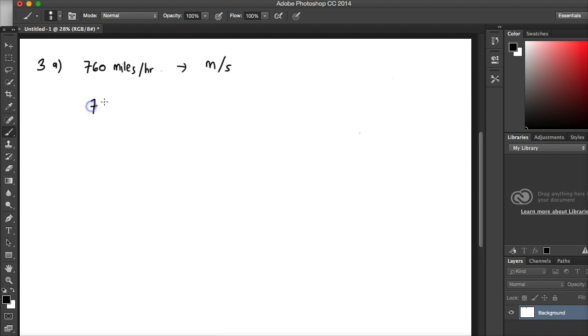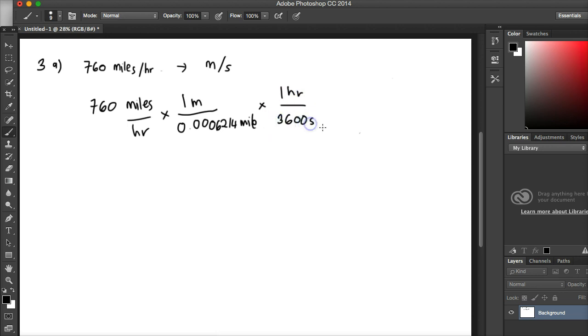So the easy part is 760 miles per hour, and then first we convert miles to meter, and from the conversion table 1 meter is equal to 0.0006214 miles, and then 1 hour is equal to 3600 seconds.